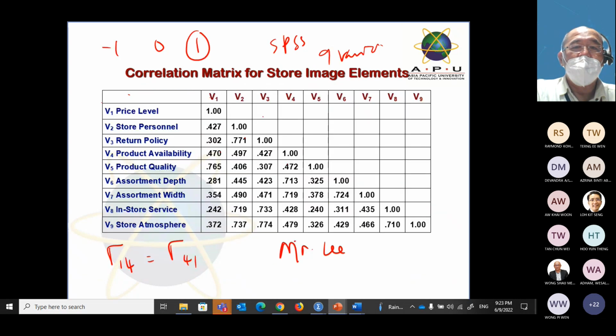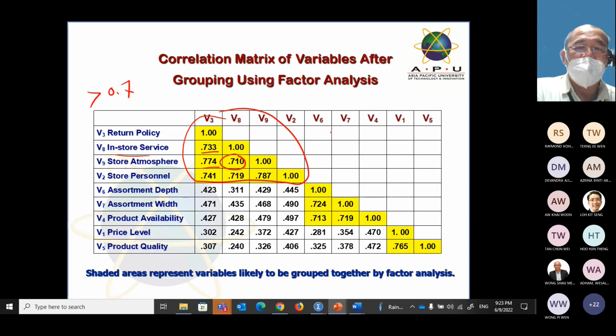So now we can introduce one term: rotation. By using correlation we can only get this; by using rotation we can get this, which we will see later. The idea of rotation is to make our life easier, to make it easier to interpret and find the vectors. So here there are three vectors: 6, 7, 4 is another vector, and 1, 5 is another vector.